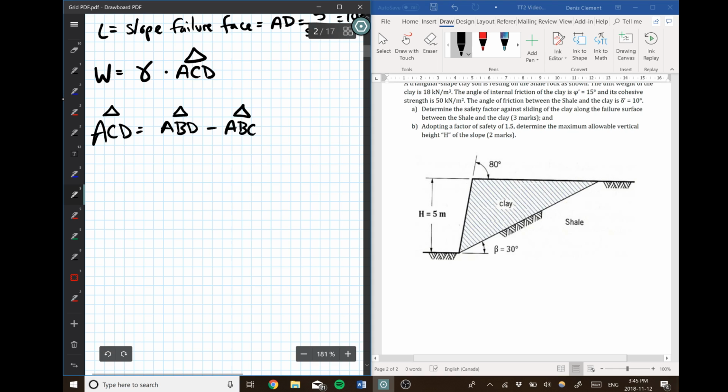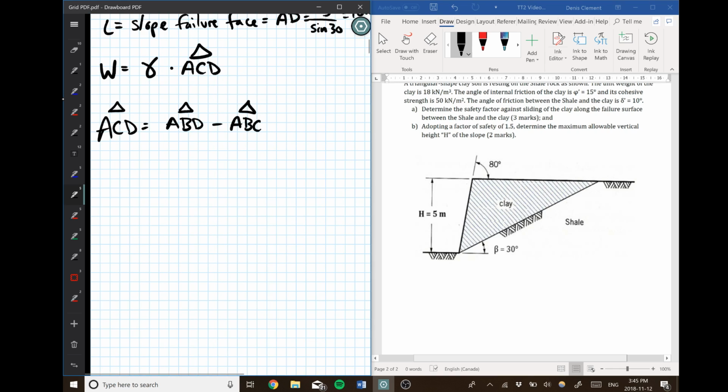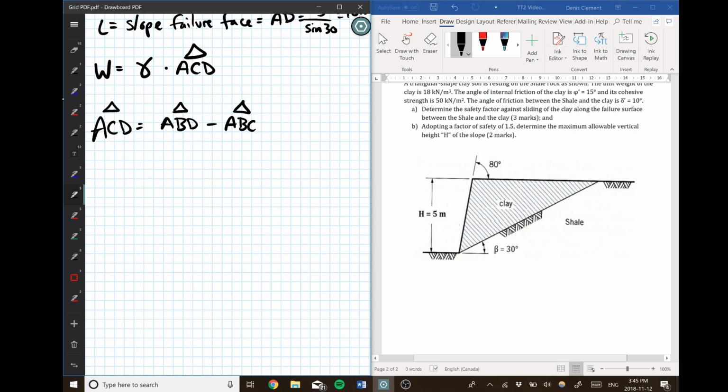So first, I'm going to find ABD, and to find that, first we need to find what the length BD is, because we're going to do AB, which we know. So here, AB times BD over 2.